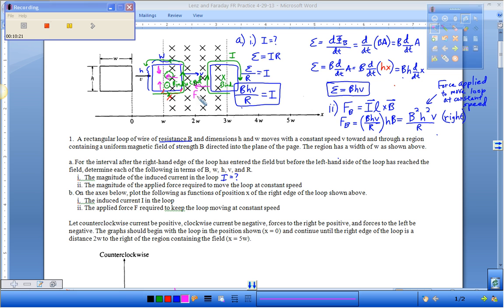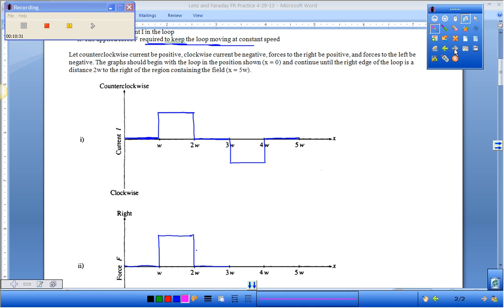That's my magnetic force still. Thumb up, external field into the board, force would be that way. So I'd still have to be applying a force to the right. So my force should jump back up and still be directed to the right. It should still be positive. And then after 4W, that front edge is out of there, and so my graph looks like this. So that would be the end of that problem. It's only 2 parts, but it definitely is a challenge.